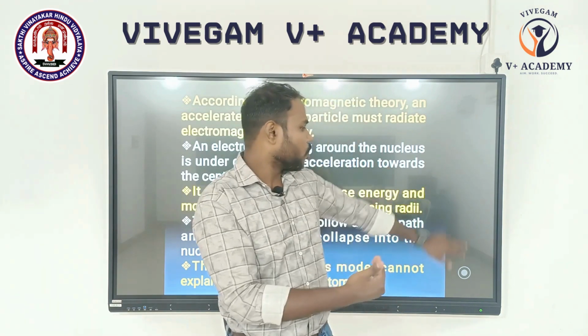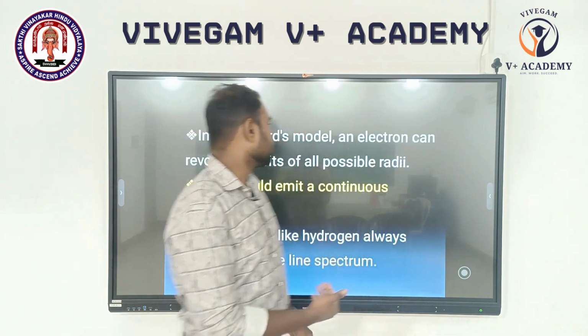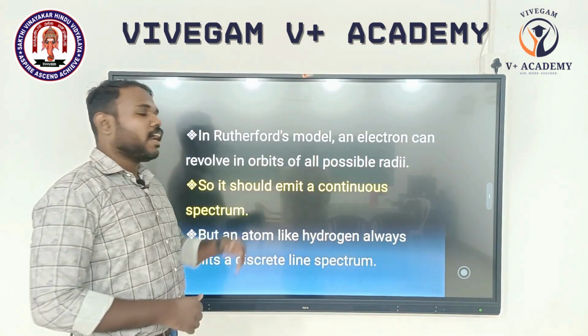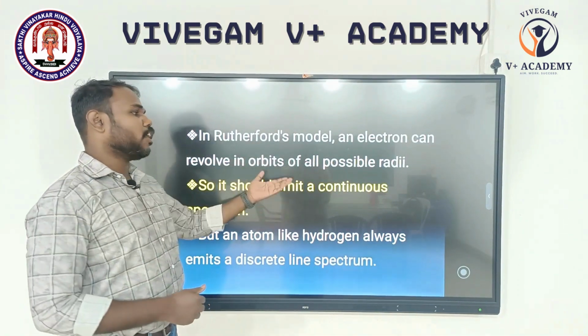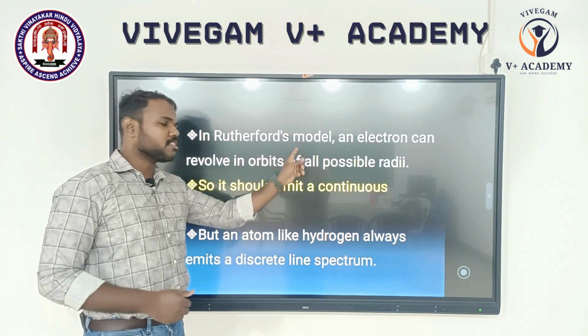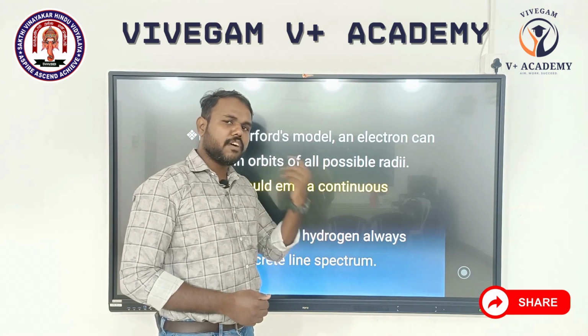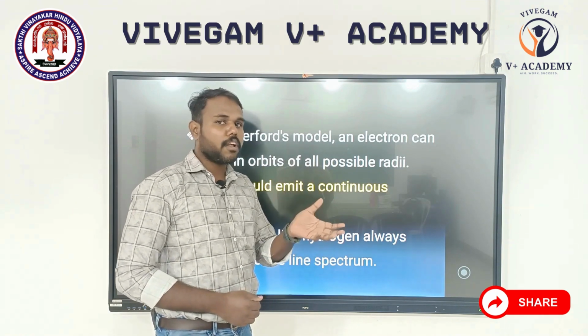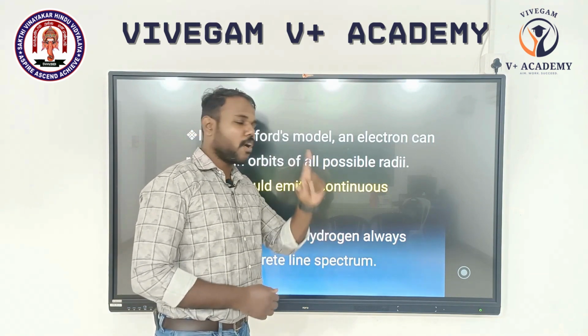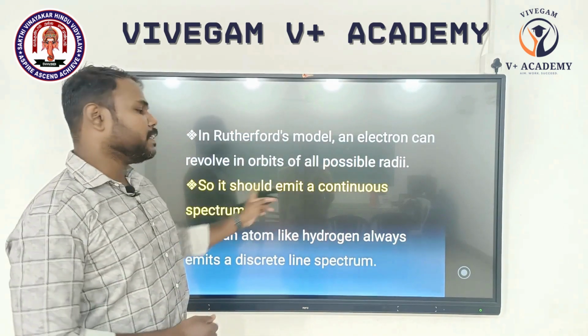Now there is one more point to justify this. In the Rutherford model, an electron can revolve in orbits of all possible radii. This is where the contradiction starts. He mentioned that the electron will revolve in all possible radii, but Bohr modified this one point. So it should emit a continuous spectrum.